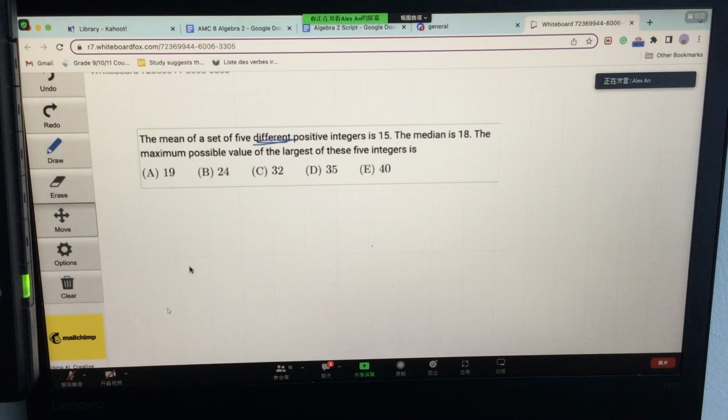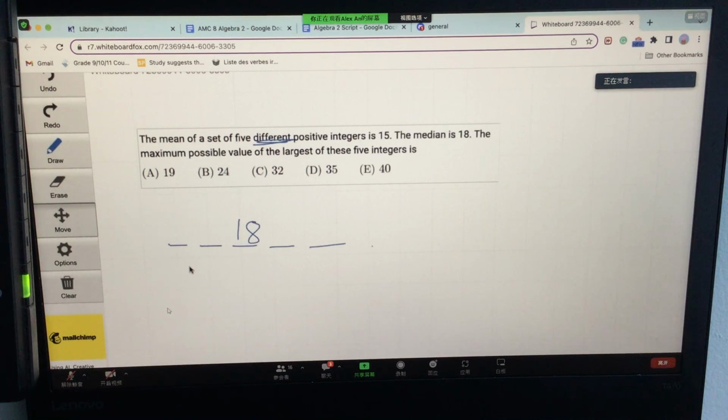And we also know that the median is 18, and it's asking for the maximum integer, so just draw 5. So the median is 18, so just put 18 there. And it says the mean is 15.